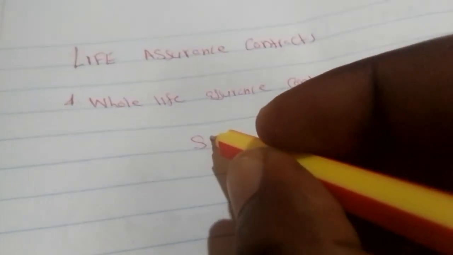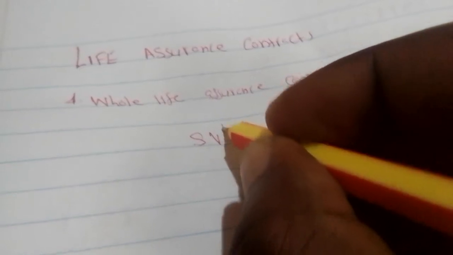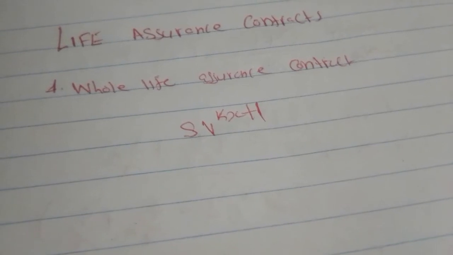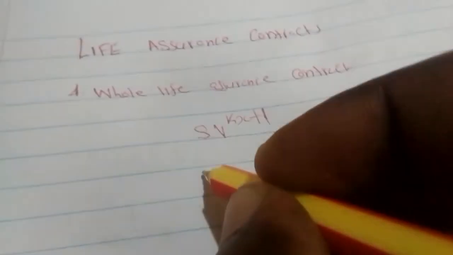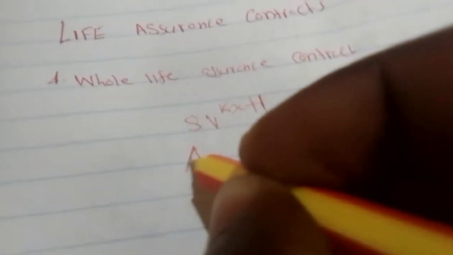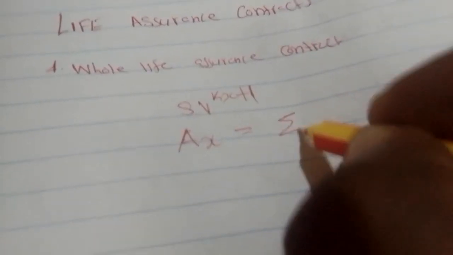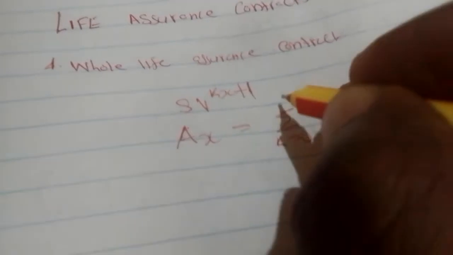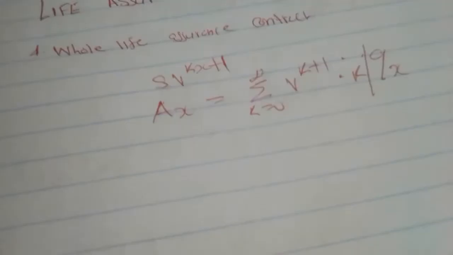So the expected present value is given by S v^(Kx+1). That means the expected present value, which is given by Ax, is equal to the sum over k from 0 to infinity of v^(k+1) times the probability of dying in year k.